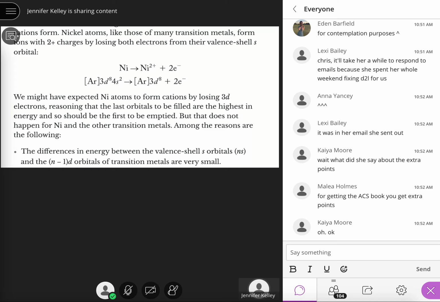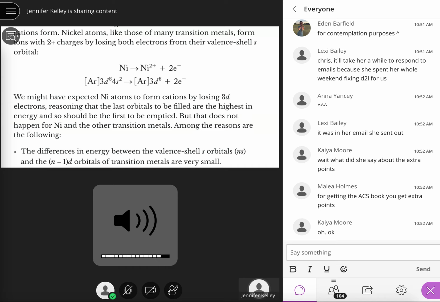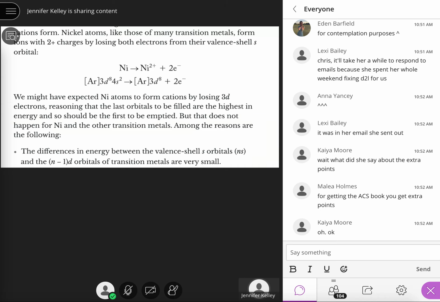No problem. You have to remove electrons from the highest energy level first. For example, here, 4s2 may not be the highest level because the d's are slightly above it. But when you remove electrons, you have to remove them from the 4s first.